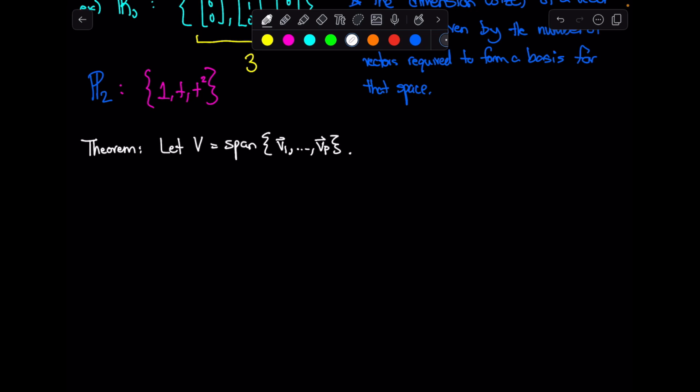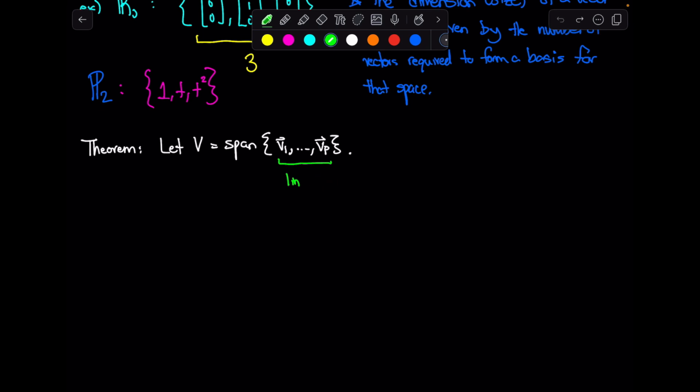You might be thinking, V is spanned by these vectors, therefore this set of vectors is a basis. But no, it's not yet, because we could have linear independence and we could have linear dependence in these vectors.